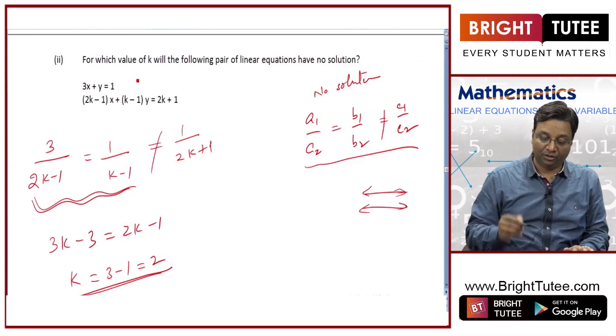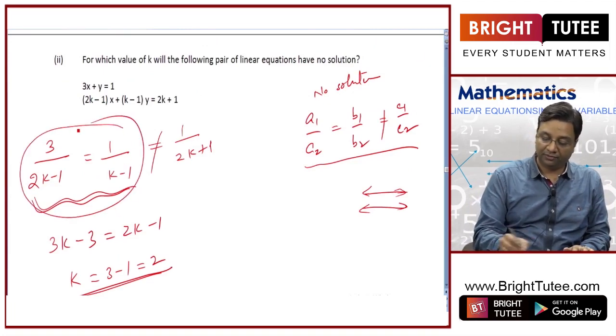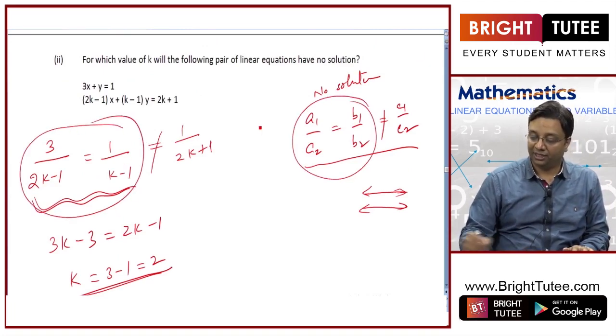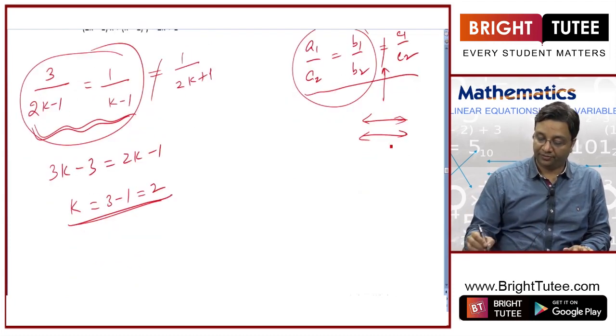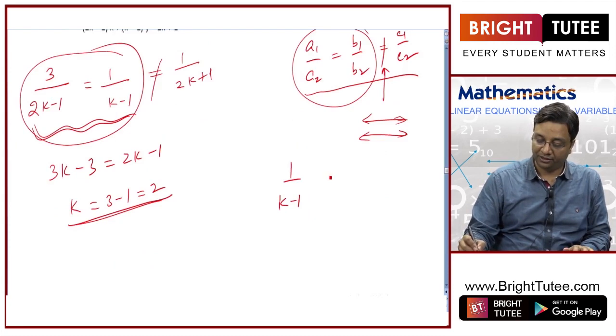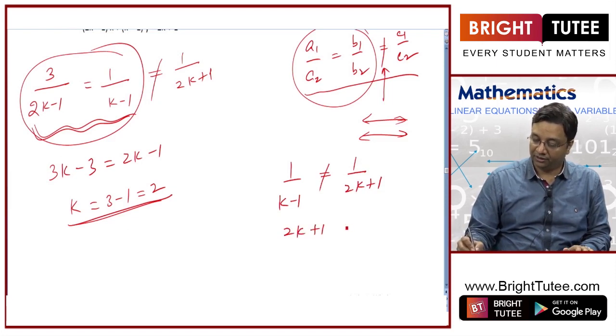Now, if k is equal to 2, this will be equal, that is this part is done. Now, it should not be equal to c1 by c2. Let us look at it. 1 by k minus 1 should not be equal to 1 by 2k plus 1. That is 2k plus 1 should not be equal to k minus 1. Hence, if I bring k here, k should not be equal to minus 2.